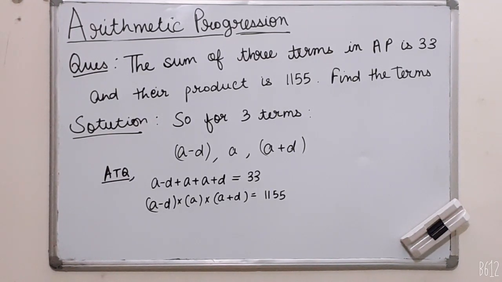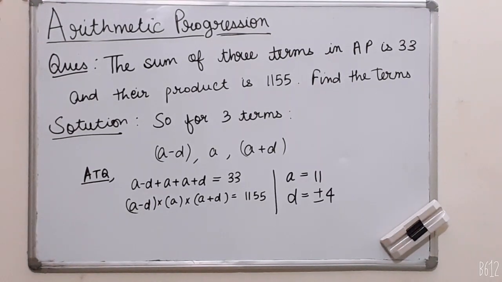So we put a minus d plus a plus a plus d is equal to 33 and the product (a minus d) into a into (a plus d) is equal to 1155. Now we will solve this for the values of a and d. So we get the values of a and d as 11 and plus minus 4 respectively.